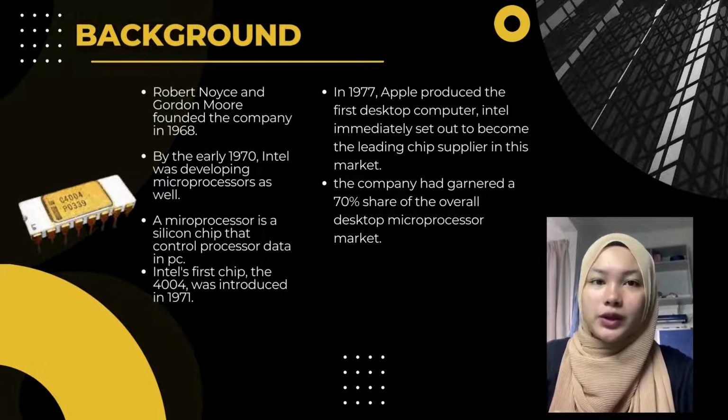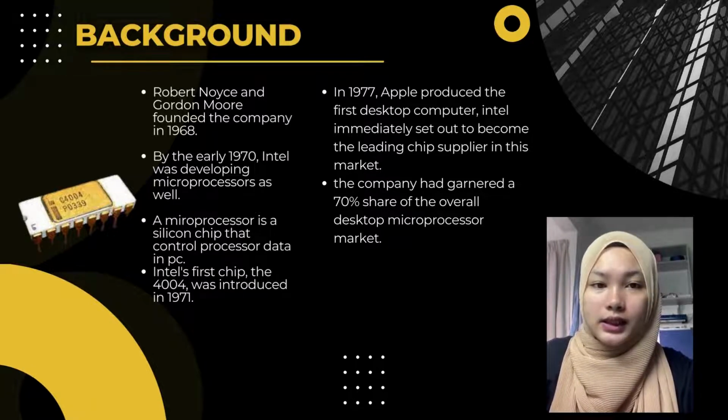I would like to continue the presentation by explaining the background of Intel and the solution for problem 1. Firstly, the background of Intel: Robert Noyce and Gordon Moore founded the company in 1968. By the early 1970s, Intel was developing a microprocessor as well.